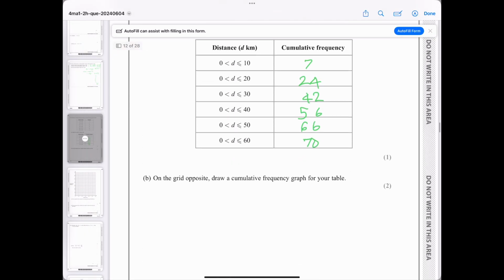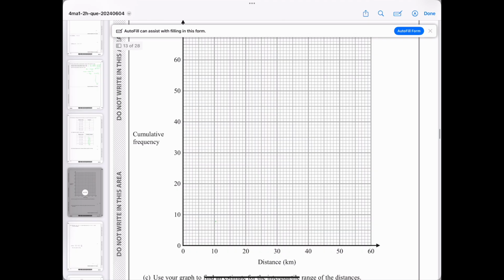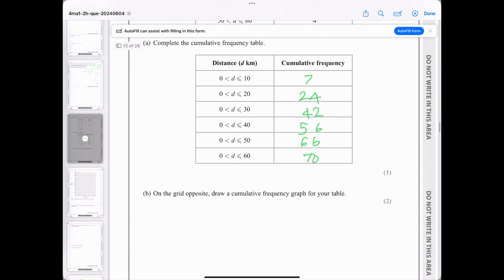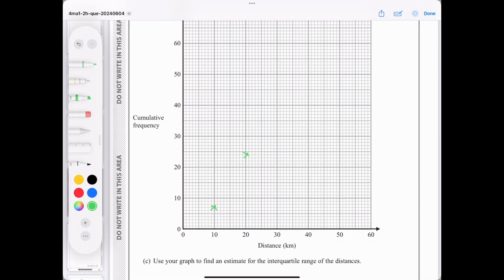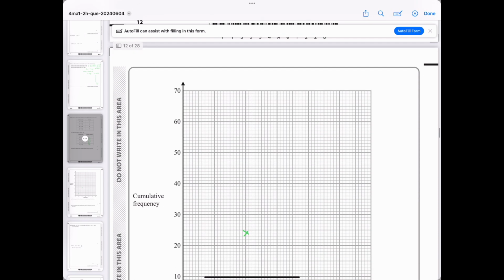Lovely. Now, on the grid opposite, draw a cumulative frequency graph. So at 10, we've got 7. At 20, we have 24. At 30, we have 42.